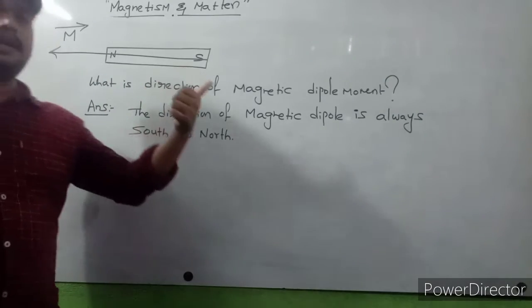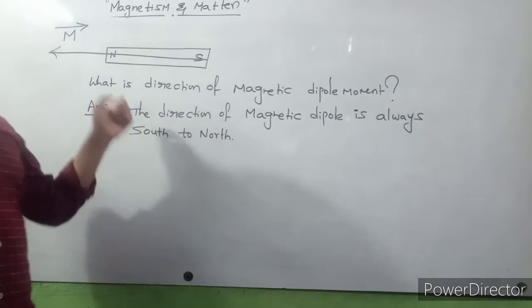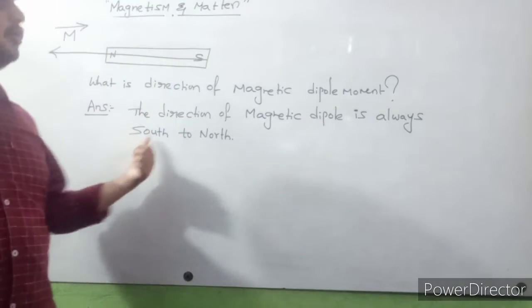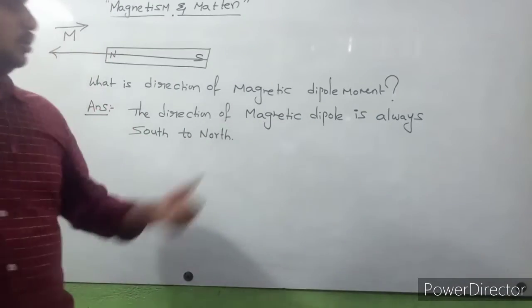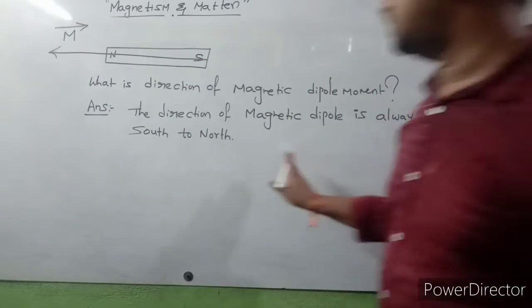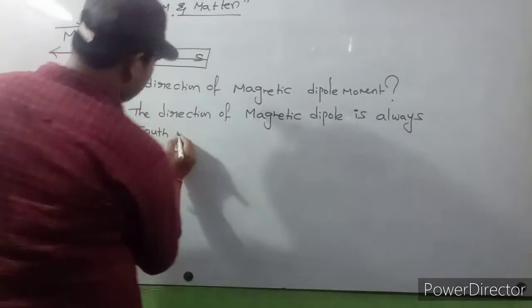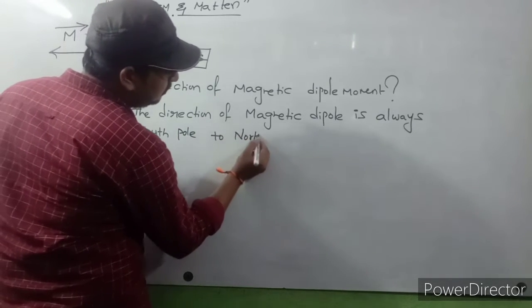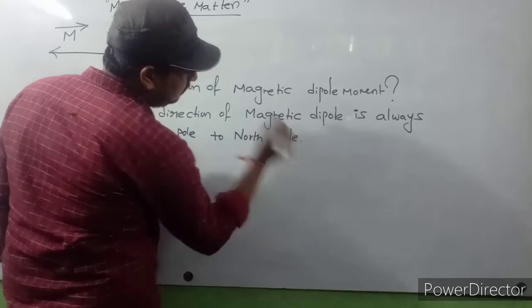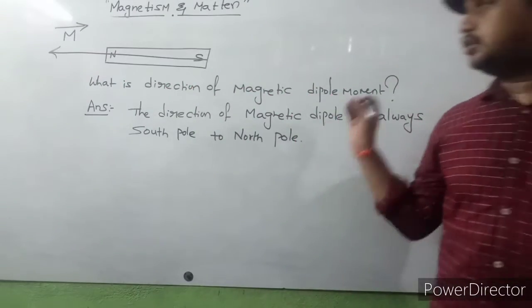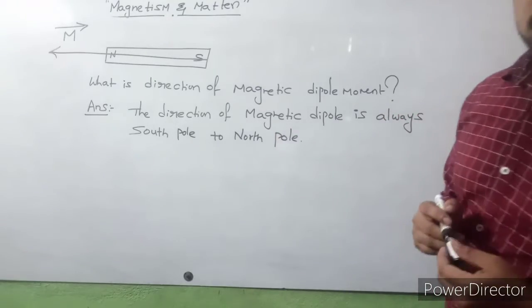The direction of magnetic dipole moment is always south to north. South pole to north pole. So the direction of magnetic moment is always south pole to north pole.